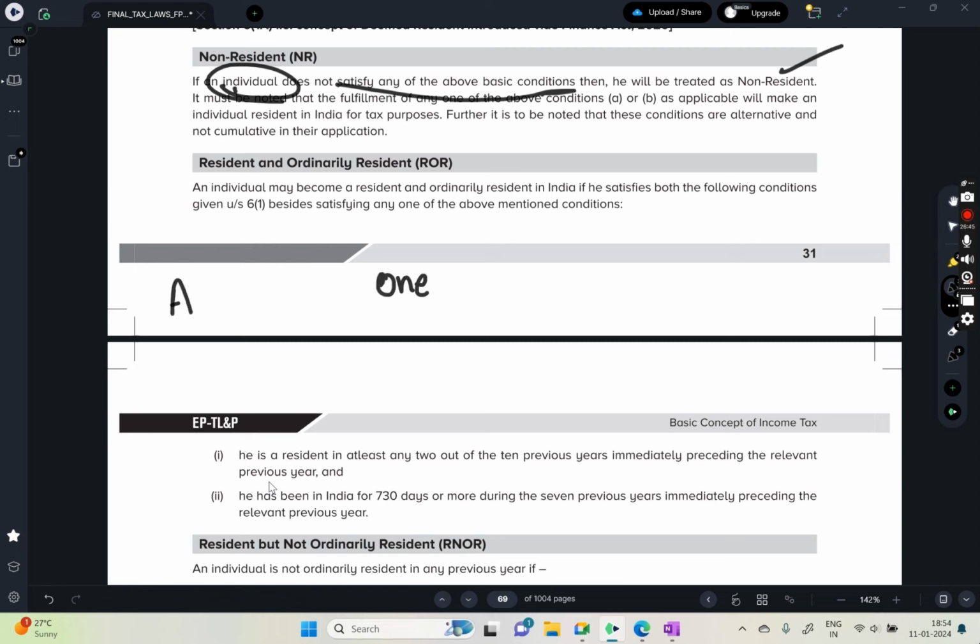Remember that for additional conditions you have to satisfy all; for basic conditions, any one. If you satisfy any one of the basic conditions and both additional conditions, then you will be called ROR. If you satisfy any one basic condition but not all the additional conditions, then you are a resident but not ordinary resident. Did you understand what I said? Yes, sir.